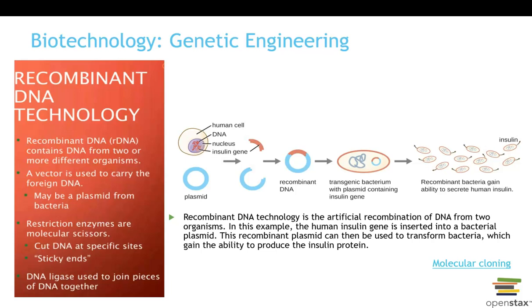So during this process we're going to make a clone, so that, for example, the bacteria all contain the gene for production of the insulin. So this is a big picture and a very nice summary of the genetic engineering process.